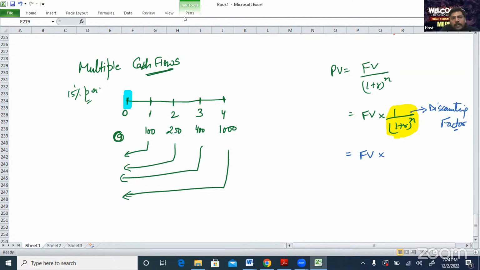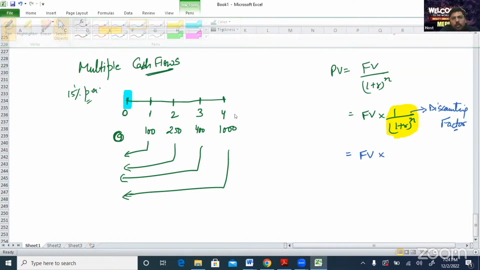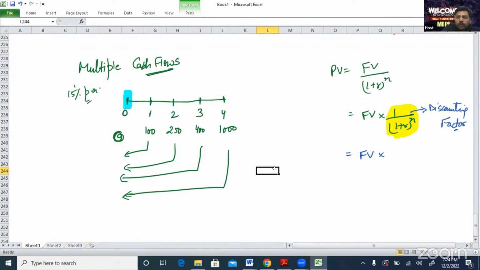And what I can do is cross check it. You can see here on the Excel itself, if I want to see, that is 100, 250, 400, 1000. So this is my cash flow for periods 1, 2, 3, 4. I have to do the discounting. So this divided by, what is the rate of return?